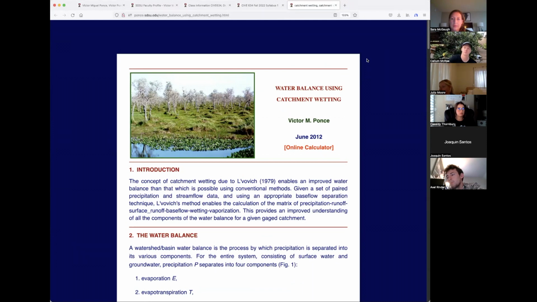Our visual lab is going on its 24th year. We created that in 1999. One of the functions of our laboratory is to create analytical computational tools, online tools, and that's what we have done here.